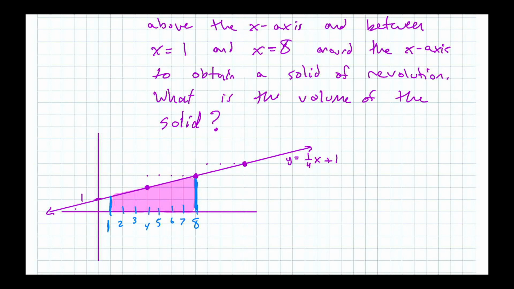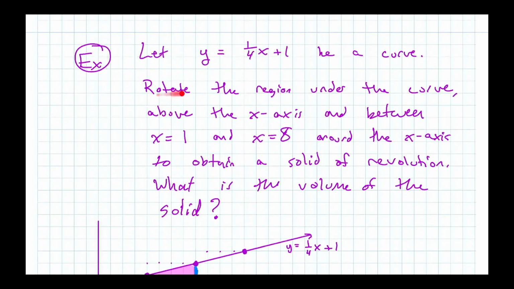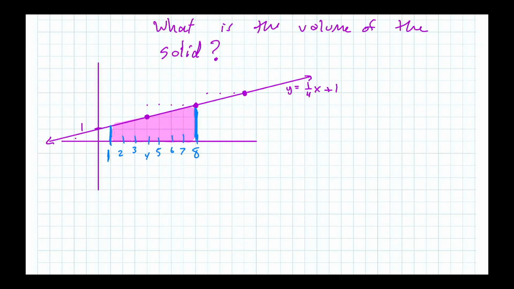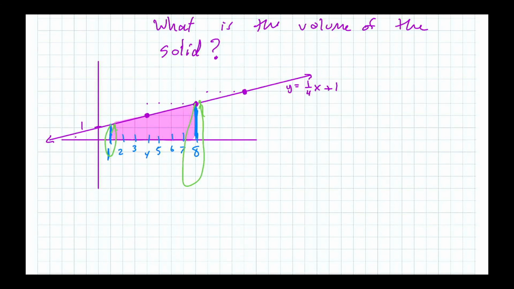You have to understand that shape, okay? Then what we're going to do is we're rotating it around the x-axis to obtain a solid of revolution. And we know what that's going to look like because we've looked at a couple examples. So it's going to go around there. And when we do that, what's the shape going to look like?